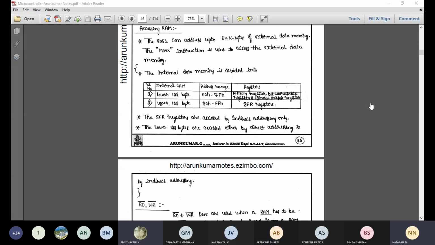Asha, present, sir. Basuraj, present, sir. Bharat Kumar, Srikari, present, sir.